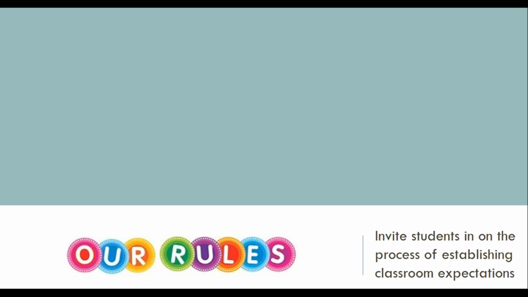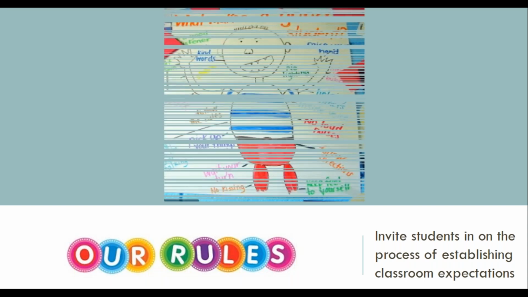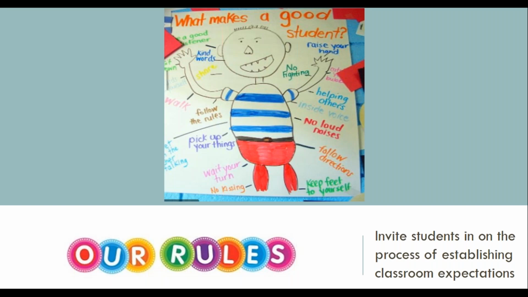So I'm going to show you a picture right here. We have No David. If you're not familiar with this character, No David is a little boy who goes on different adventures and pretty much does the opposite of what is expected of him. There's a book called No David Goes to School, which is a really fun interactive book.